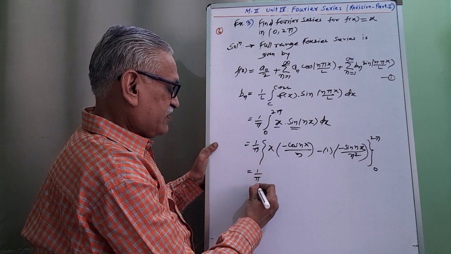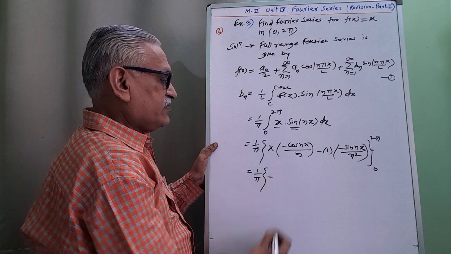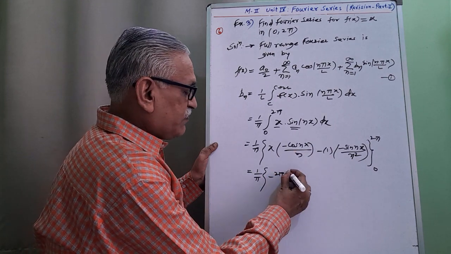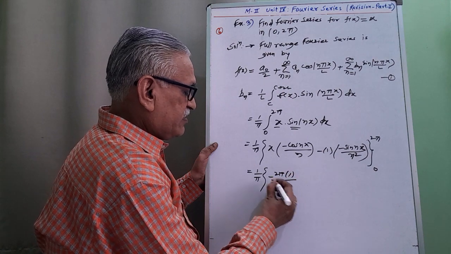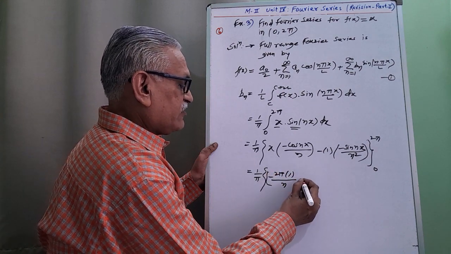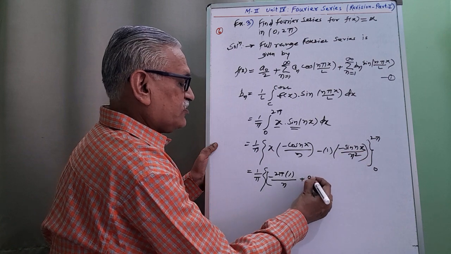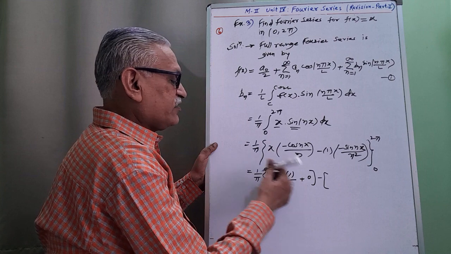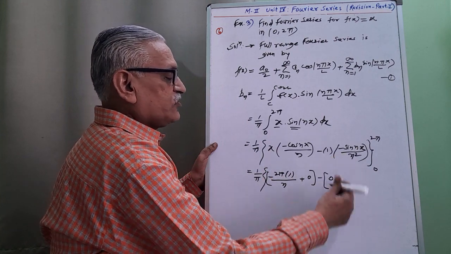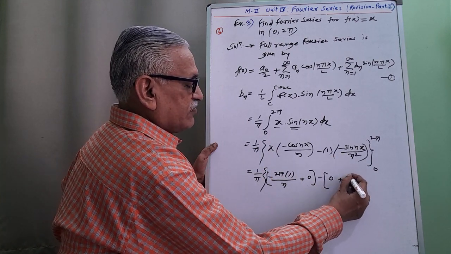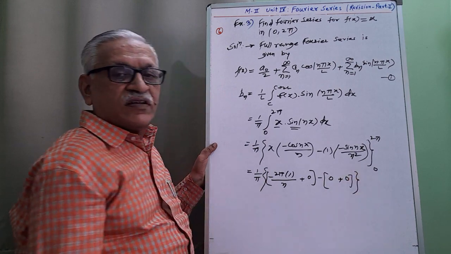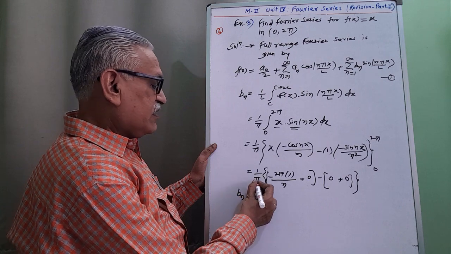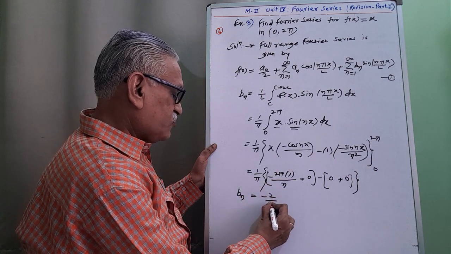1 by pi, minus 2 pi cos 2n pi, the value of cos 2n pi is 1 divided by n, minus minus plus, sin 2n pi is 0, minus lower limit x is 0, this term becomes 0, sin 0 is 0, and then simplifying it we get that value of Bn as pi gets cancelled, value is minus 2 by n.